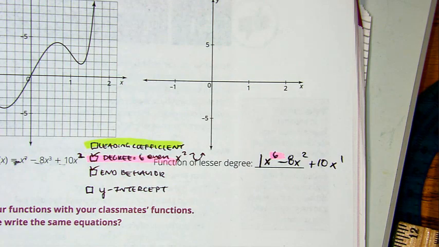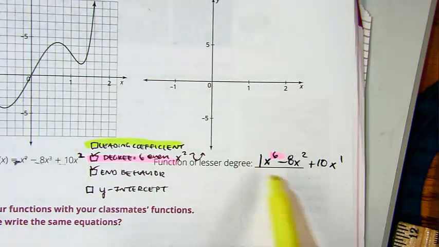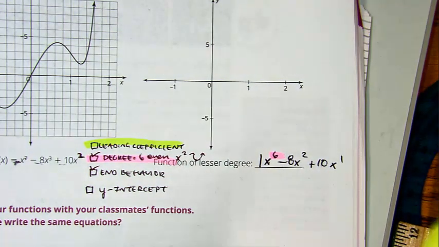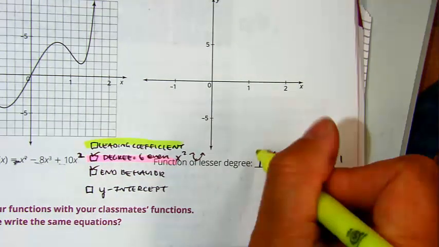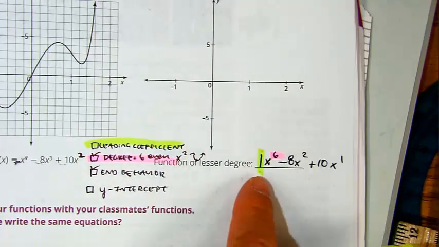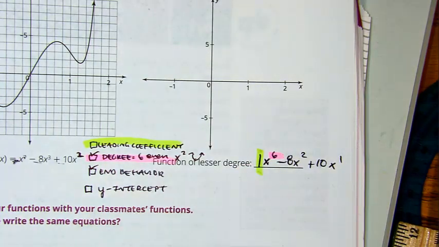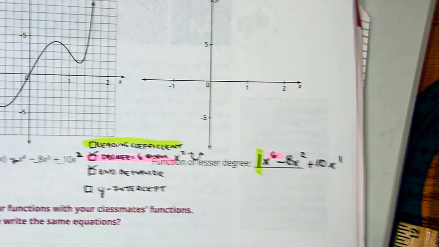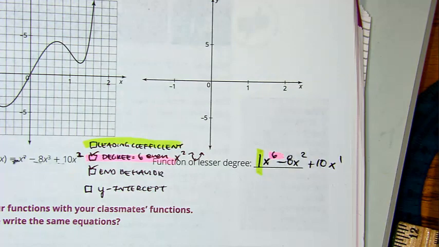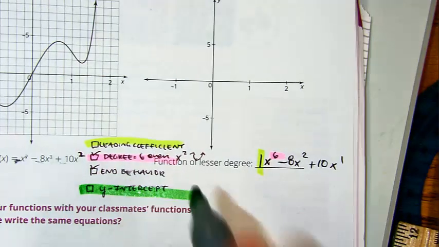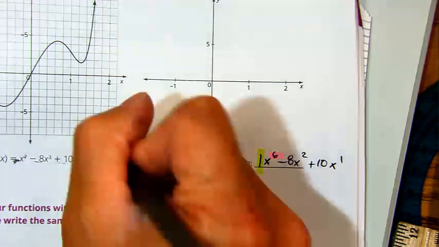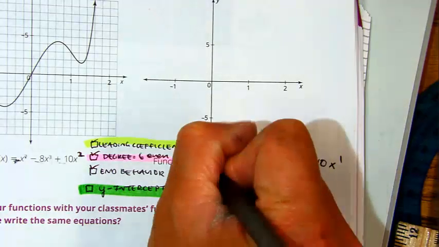I'll give you a hint. It's somewhere over here. 1 is correct. Not only is it a coefficient, it is leading, or it's in front like a leader. Okay? Alright, y-intercept. Trisha. So our leading coefficient is 1 or positive.